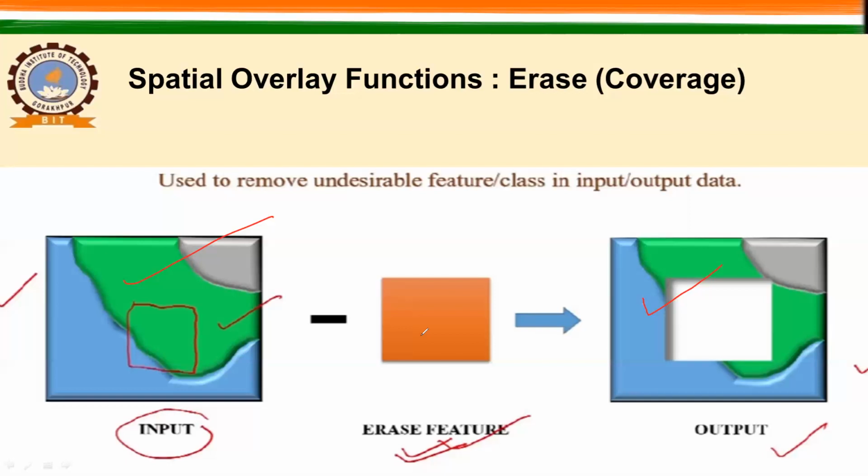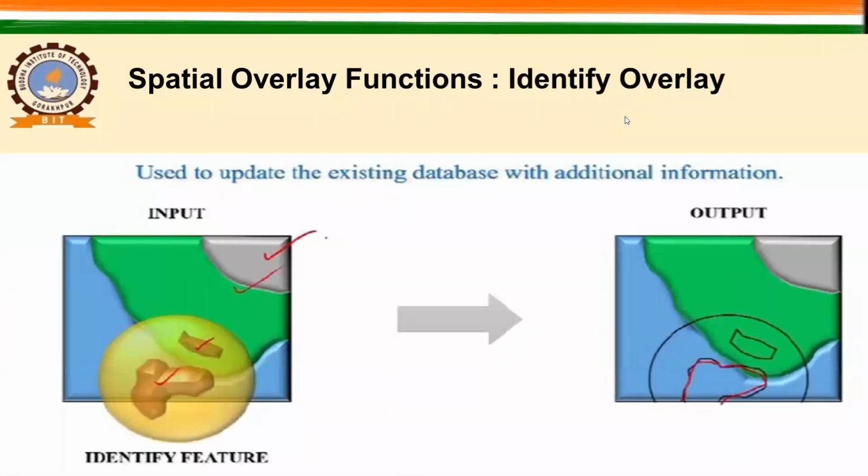Now the next one is identify overlap. It is used to update the existing database with additional information. As I told you, in GIS we always talk about spatial data. In case you have a land use, land cover map, and every time you want to update your map as per the change in the land use, land cover, then how do you update?